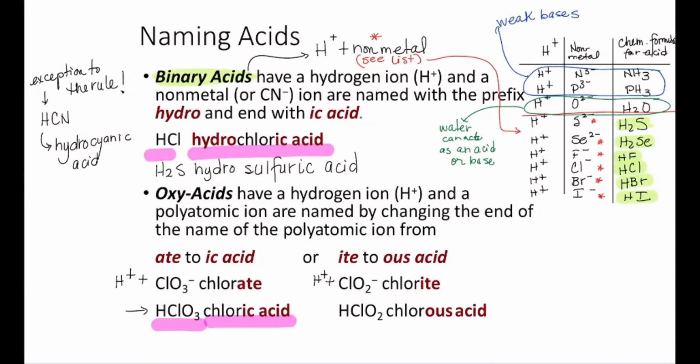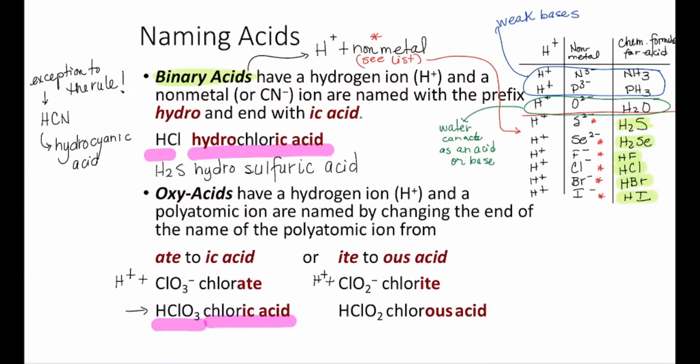The only ones that you guys have to be conscious about is the sulfates and the phosphates, because the ending is not the only thing you change: phosphate turns into phosphoric or phosphorous, and the sulfates turn into sulfuric or sulfurous acid.